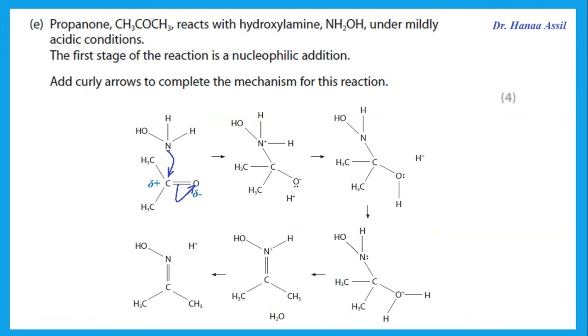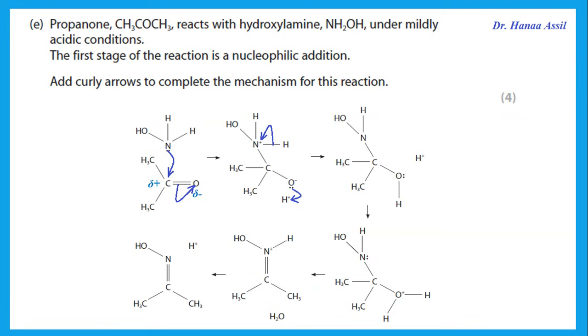The electrons between the C and the O will go to the slightly negative oxygen, resulting in an oxygen that now has a full negative charge with lone pair of electrons, and the nitrogen is now bonded to 4 bonds, so it's actually a positively charged nitrogen.